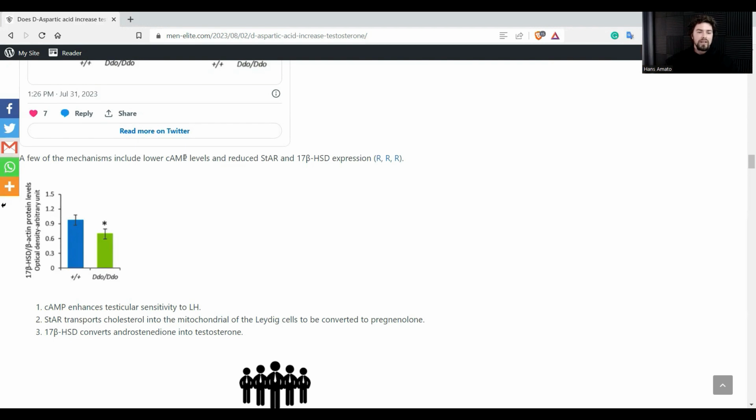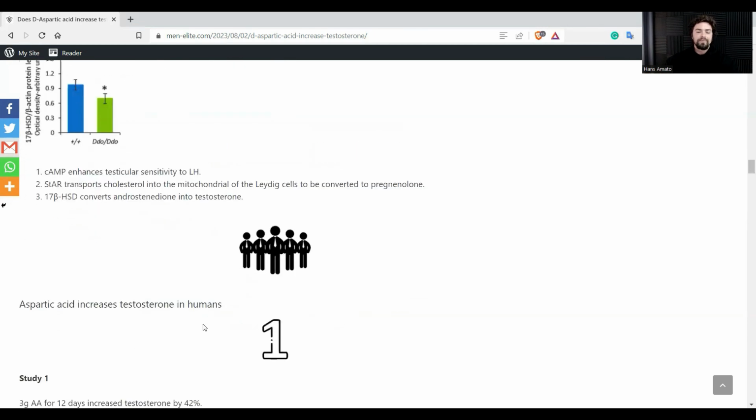When you have lower cyclic AMP, it reduces StAR and 17-beta hydroxysteroid dehydrogenase. StAR transports cholesterol into the mitochondria of the Leydig cells to be converted into pregnenolone; it's one of the rate-limiting enzymes. Then 17-beta HSD converts androstenedione to testosterone. So by not having enough aspartic acid in the testes, you become insensitive to LH and don't produce testosterone the way you should.